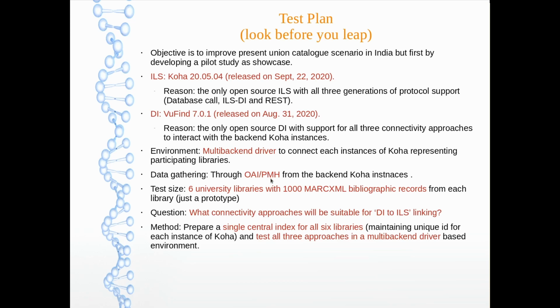The data gathering protocol is OAI-PMH. All backend ILSs support OAI-PMH, and we gather data through harvesting. In total there are 6 university libraries, with 1000 records in MARC XML format from each library. And now the question is what connectivity approaches will be suitable for DI to ILS linking.